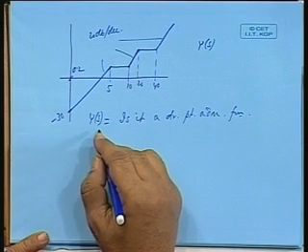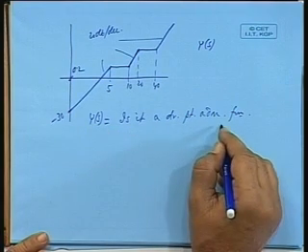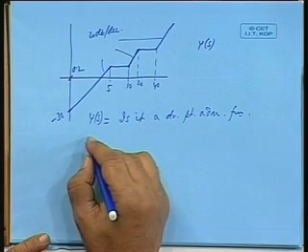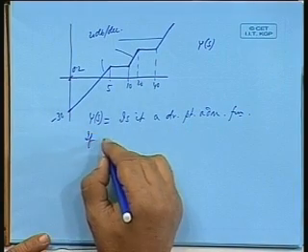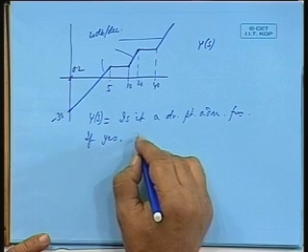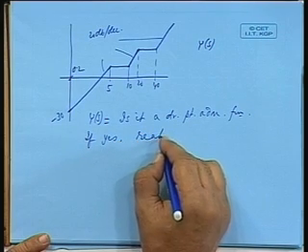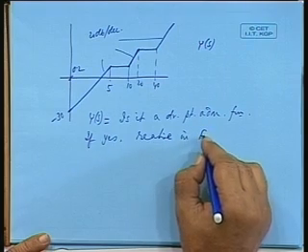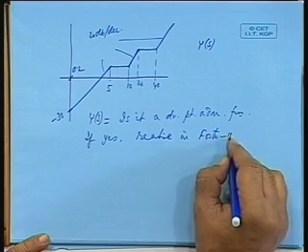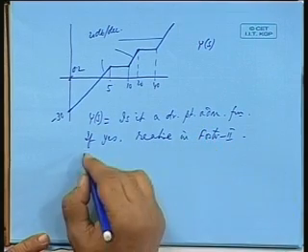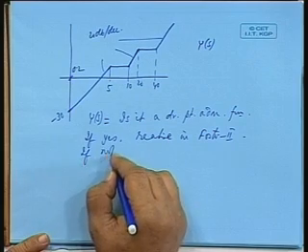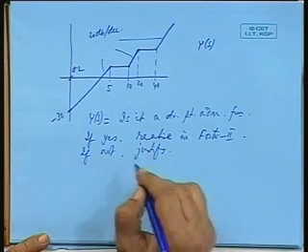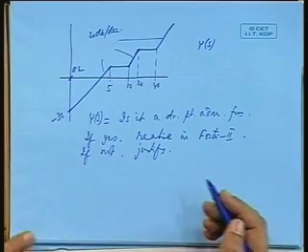If yes, state the reasons and then realize one in Foster 2 form. So, if yes, then realize in Foster 2 form, and if not, justify why it is not a driving point admittance function.